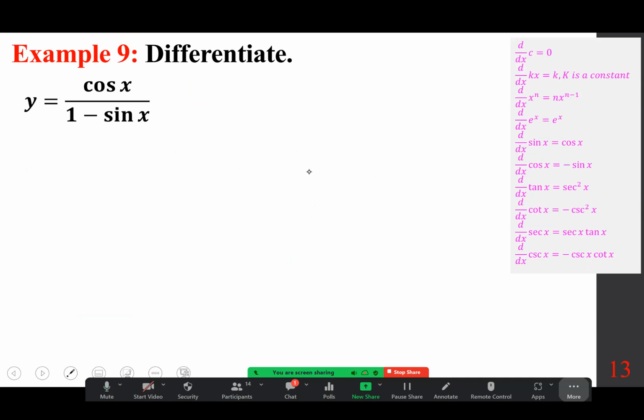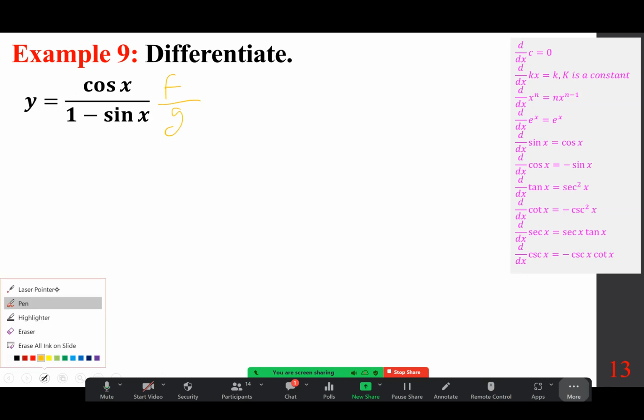y equals cosine x over 1 minus sine x. And we are going to do the same thing, namely use the quotient rule. f over g, meaning f of x is cosine x, g of x is 1 minus sine x.